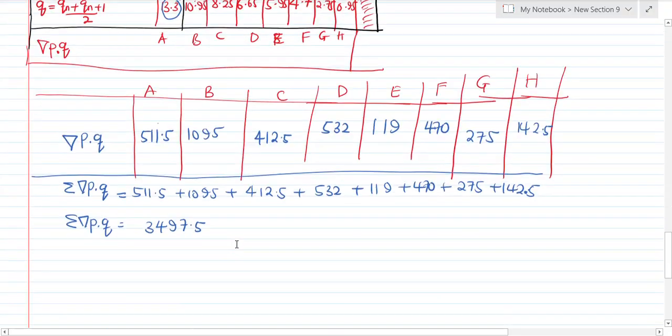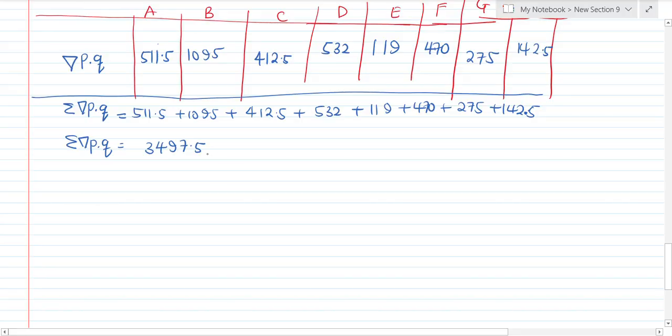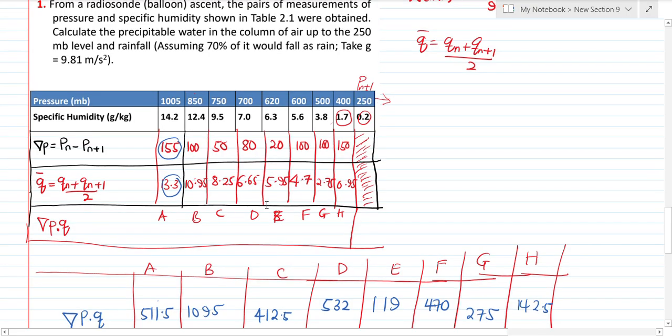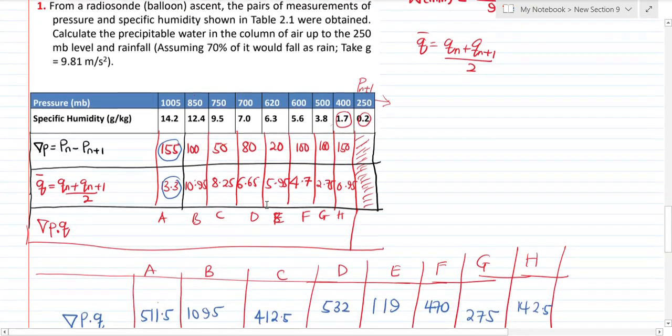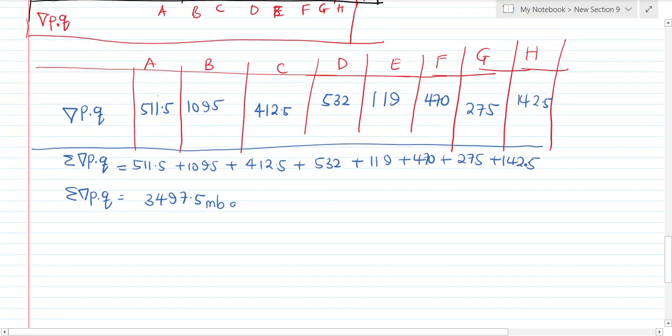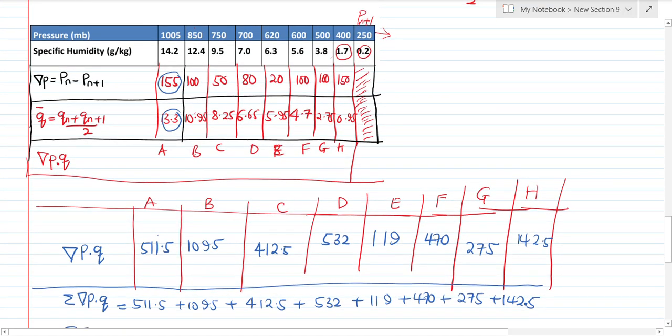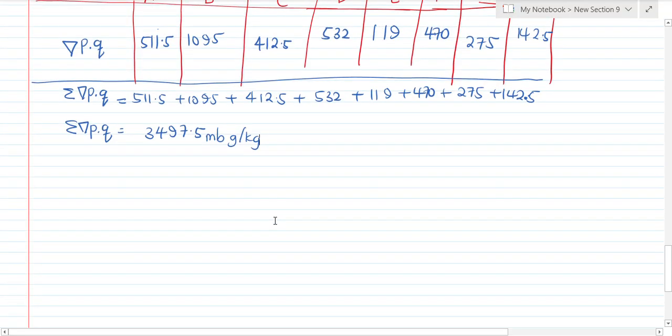So the unit is going to be in millibar grams per kilogram. So we are going to have this to be our unit.